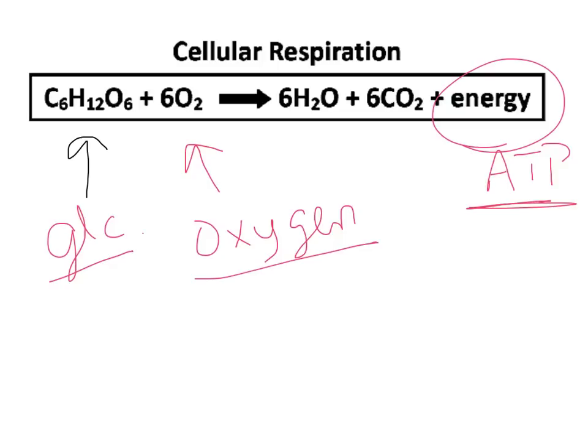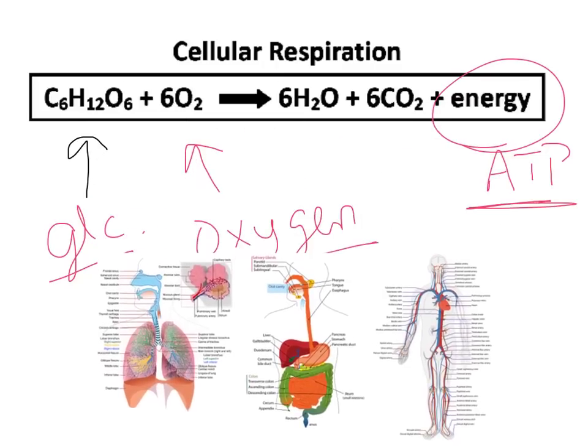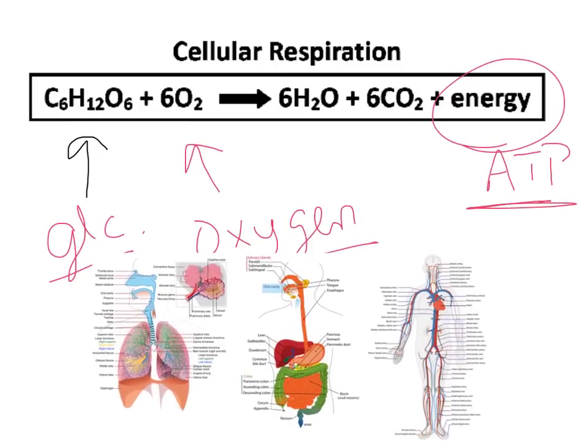So we're going to be focused today on digestive, respiratory, and circulatory systems. The main ones that will bring these nutrients into the body as well as help distribute them throughout the body. So we've got our respiratory system here on the left, lungs, trachea, breathing the air in and out.